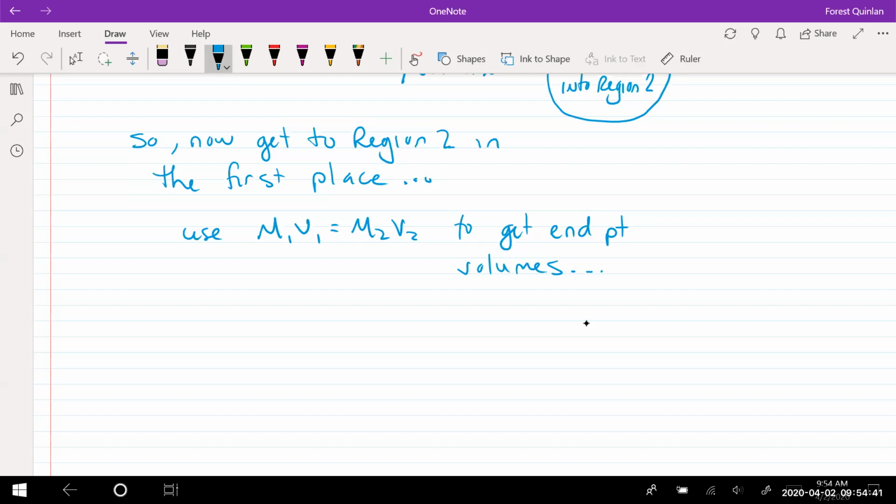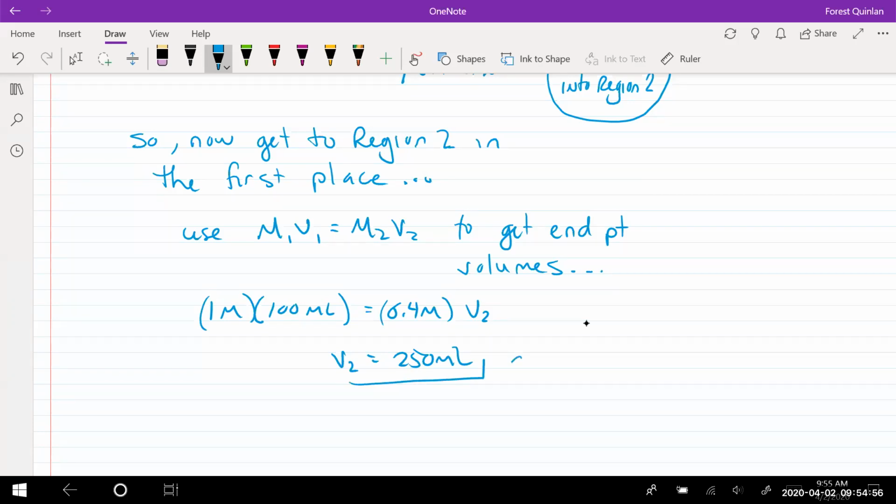So it is, we had our 1 molar solution, or 0.4 molar solution, and we want our V2. Our V2 is going to be 250 milliliters.